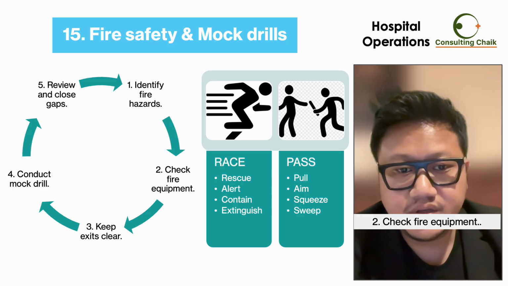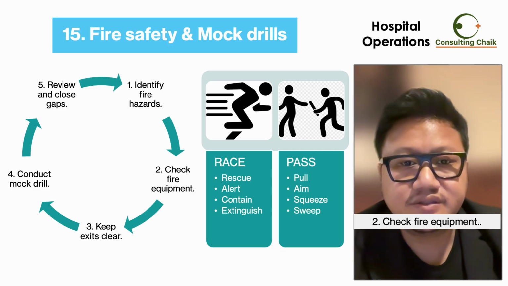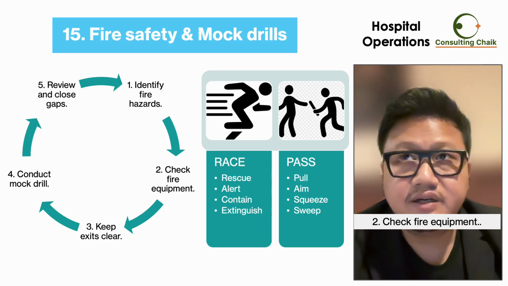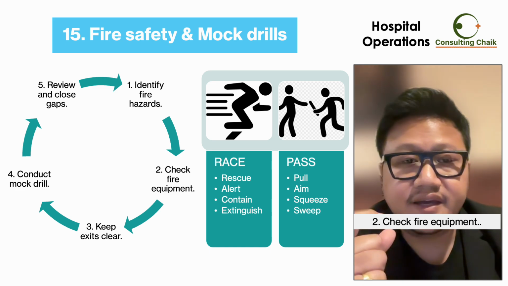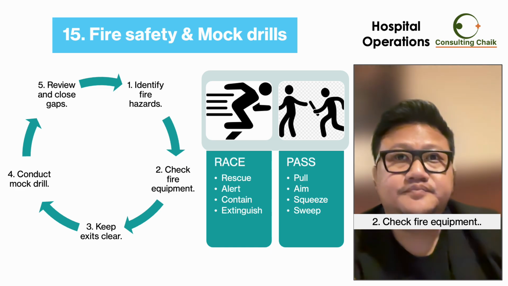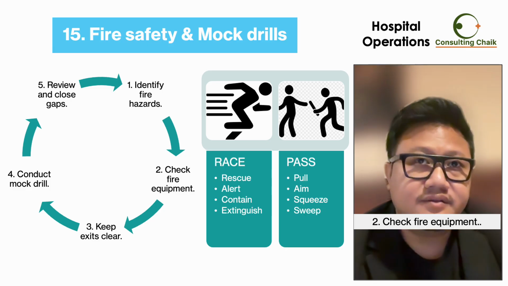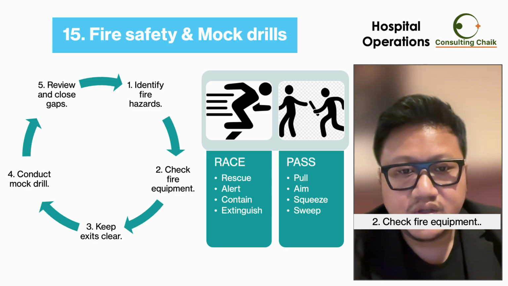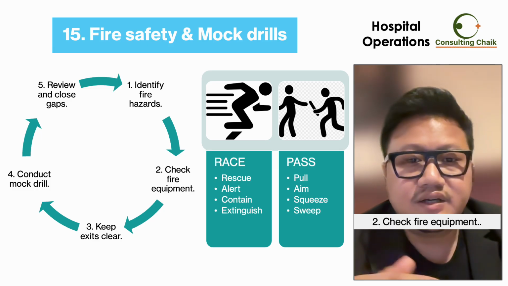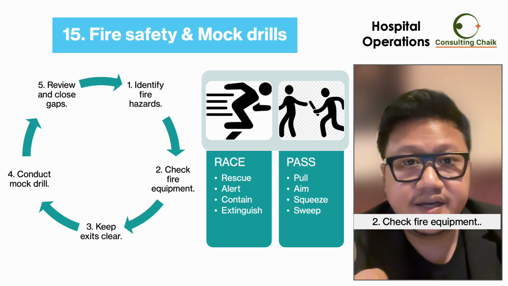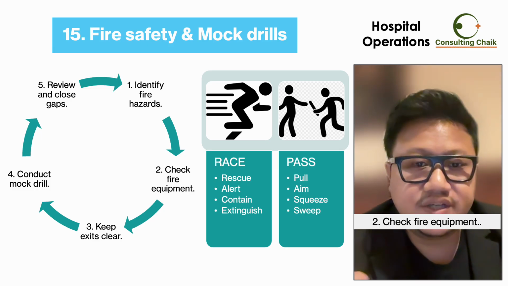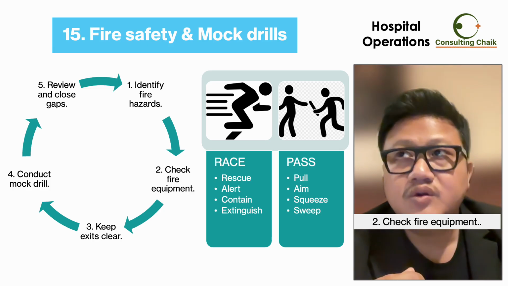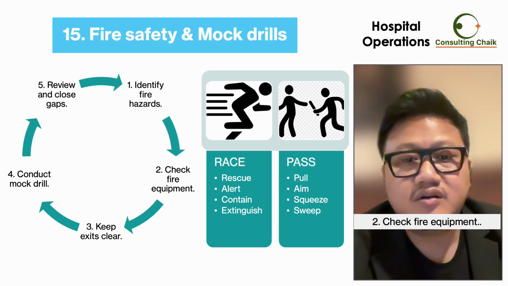Then you have to check the fire equipment, whether it is working fine or not, for example the fire extinguisher, whether the due date has passed or not. You need to see that. You also need to see whether the fire detector system is working or not. You need to check if the water flow is there or not.